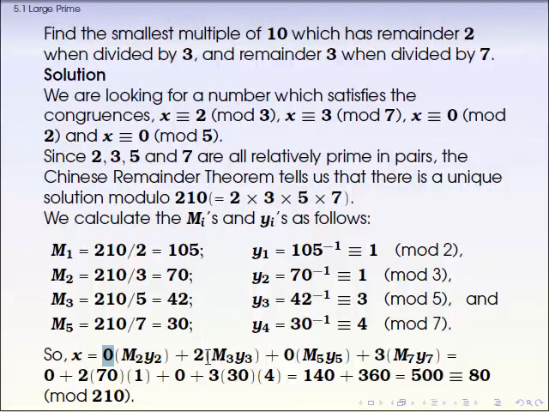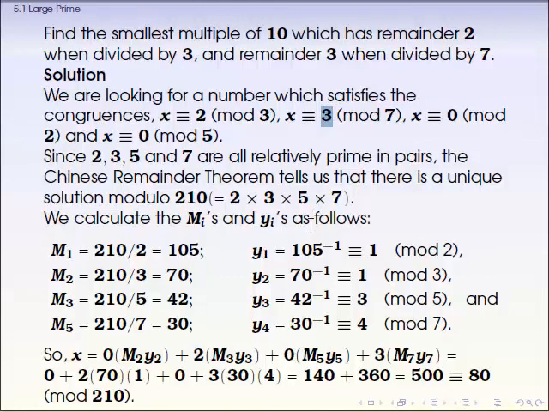And this part is for modulo 3. Then a2 must be 2. So it's multiplied by 2 with M2 and y2, so 70 times 1. That's what is needed here. In the same way, for modulo 5 with a3, M3, y3, it's just 0 because it multiplies 0. The last one is for modulo 7.